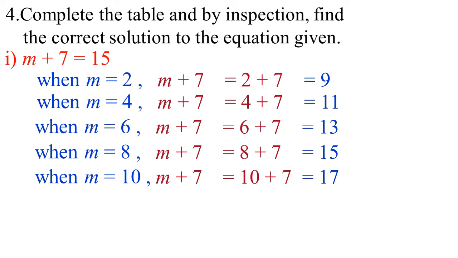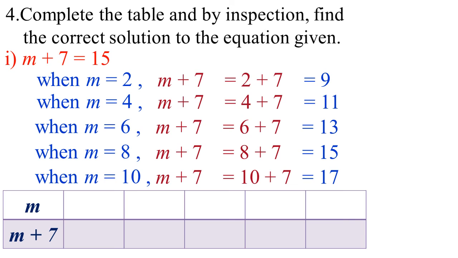So let us write the values of left hand side and right hand side. So m equal to 2 means we get 9. So 4 means 11, 6 means 13, 8 means 15, 10 means 17.